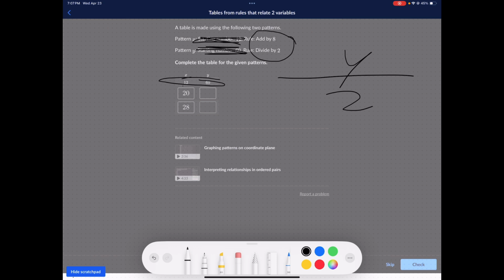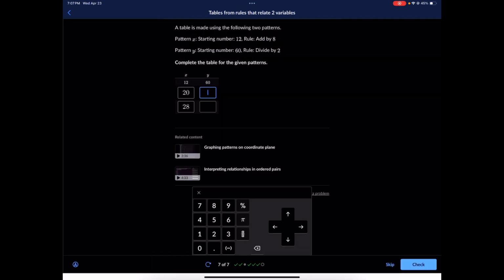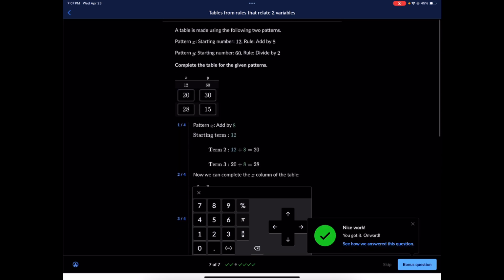So we have 60 here. So 60 divided by 2 is 30. And then 30 divided by 2 is, since we moved that over here, 15. So it should be 30, 15. So it should be 20, 28, 30, 15. Perfect. Okay, so there's that.